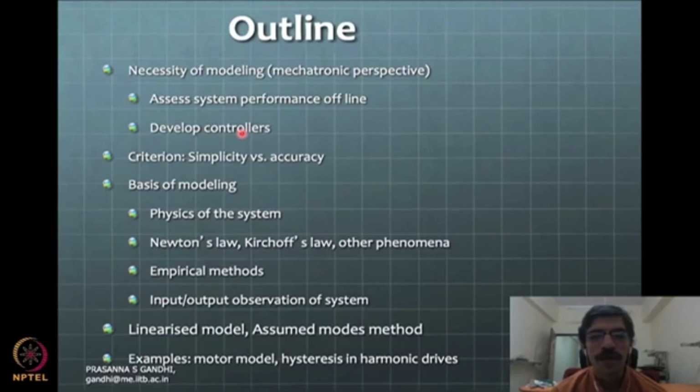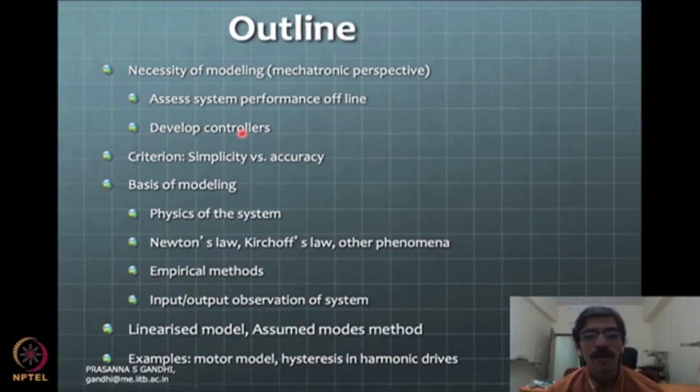And then you may have empirical methods of modeling. We'll not get into a whole lot of detail about empirical methods, but there can be many different models possible just based on input-output data. You give the input, the system behaves in a certain fashion, and then you can represent that data by fitting some kind of model. It need not be just mathematical curve fitting; it can be a dynamic model which will fit the system.